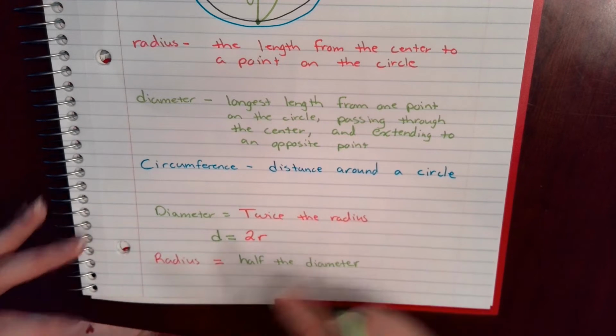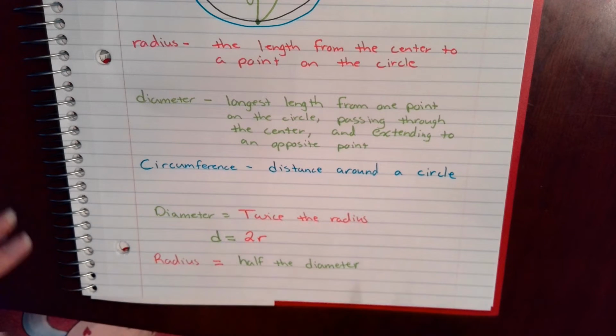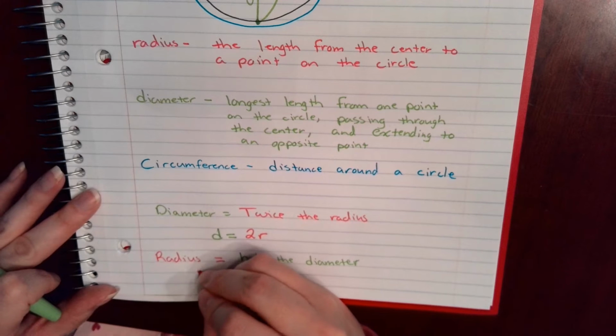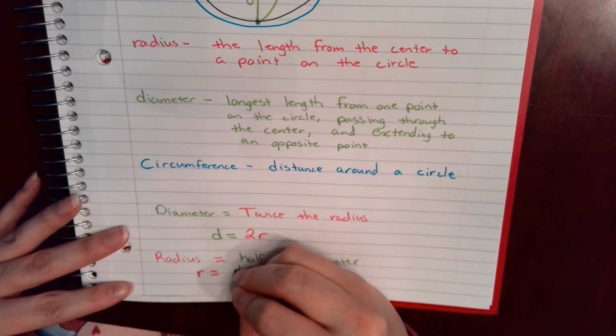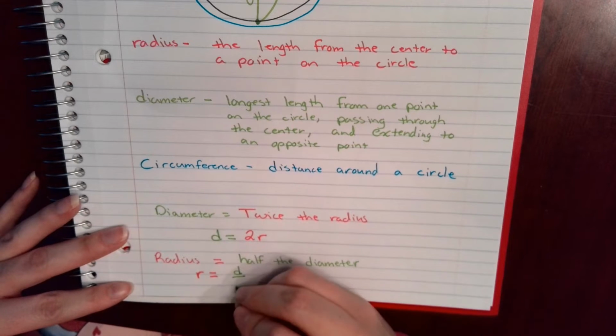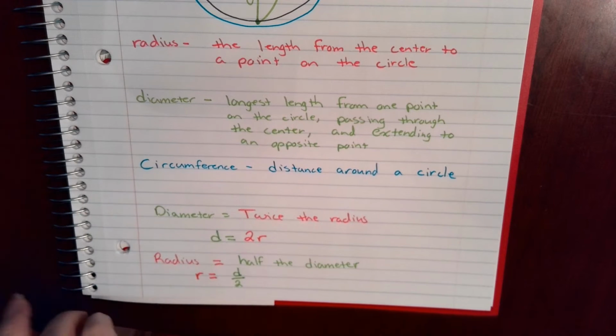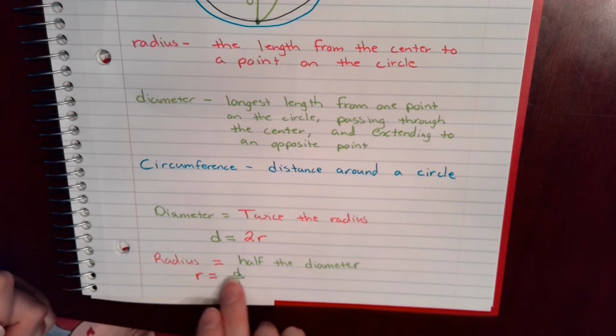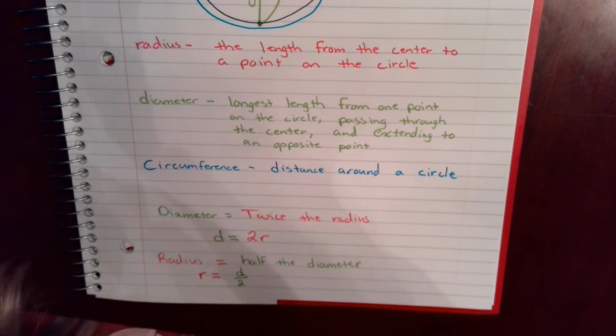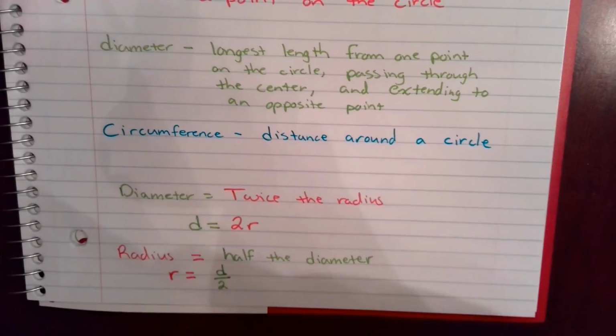The radius is equal to half of the diameter. So radius is equal to the diameter divided by 2. Radius is equal to half of your diameter. Diameter divided by 2 will give you the radius.